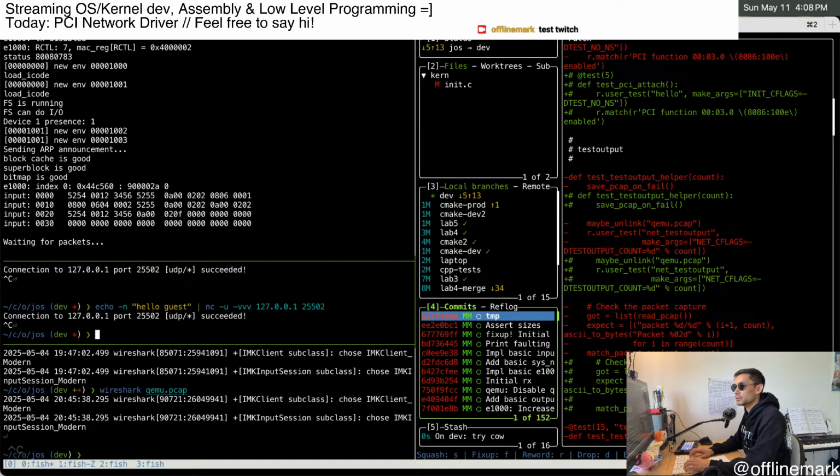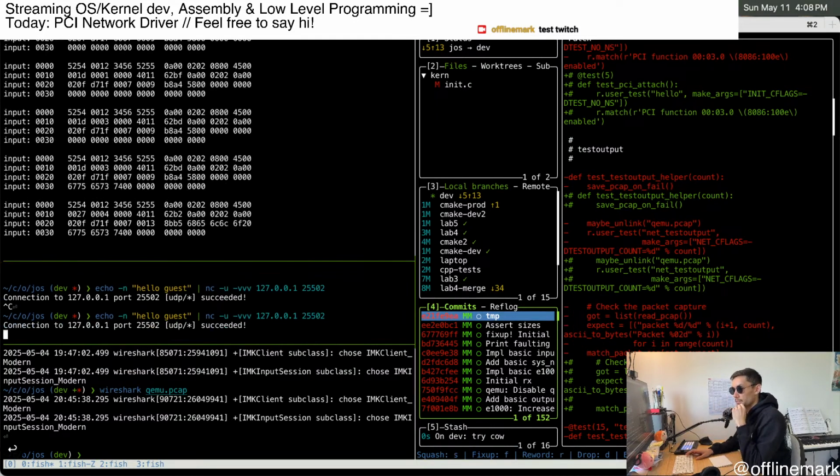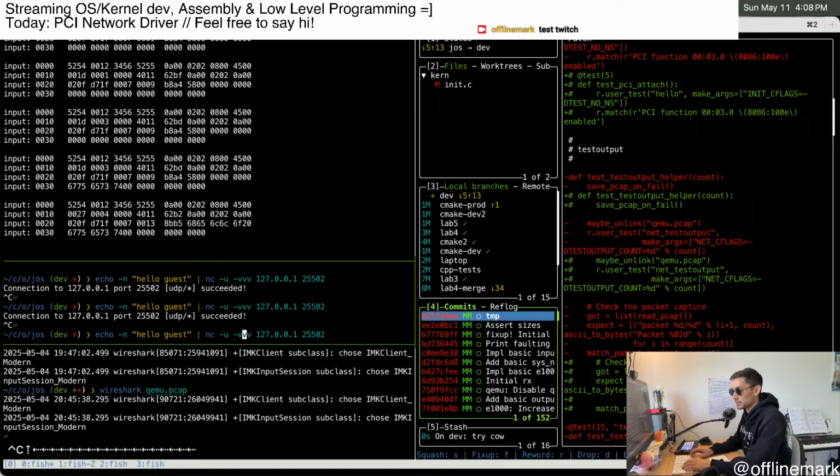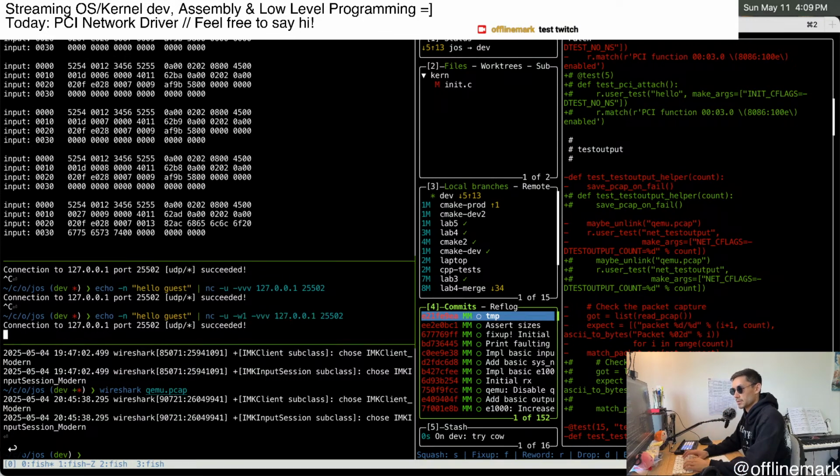What I was trying to do, ideally, we would be able to actually send data from my host machine into the VM. And it looks like that is working. I think I need a small timeout here for the netcat command. I believe netcat waits to receive data back from the server or something.